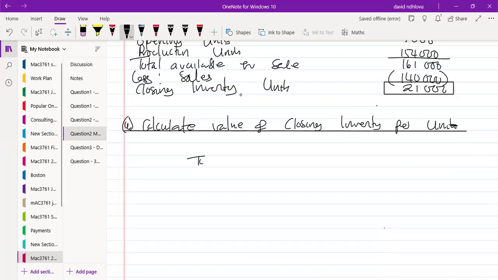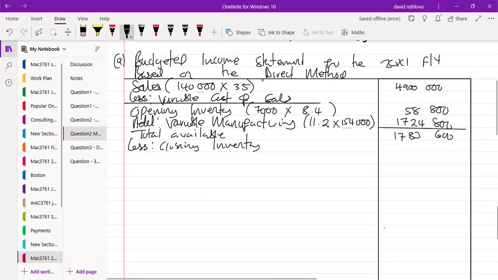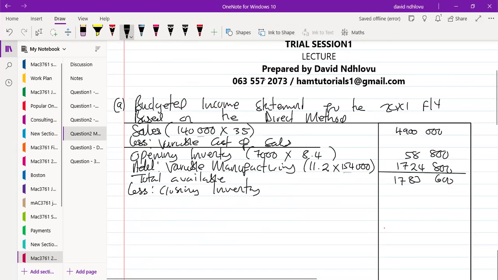You say total costs divided by the number of units that give you that total cost. So in this way, you'll be able to get cost per unit. Remember, we are using the weighted average method, so let me just add that here.